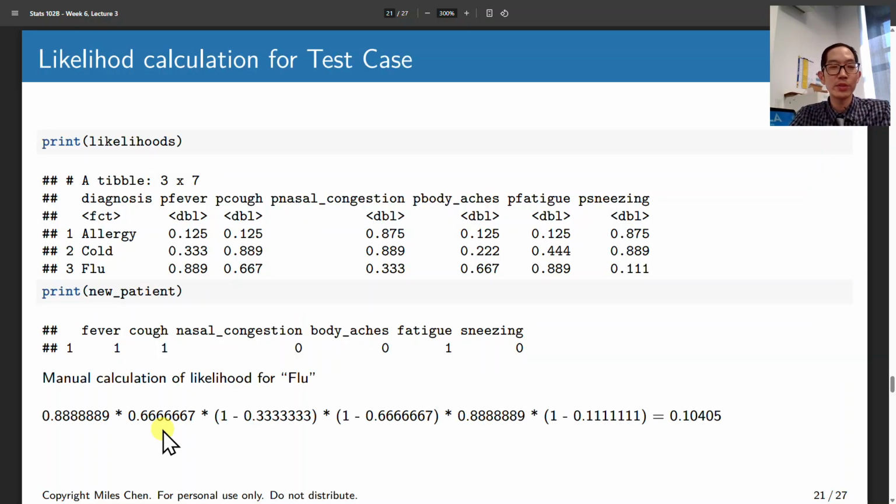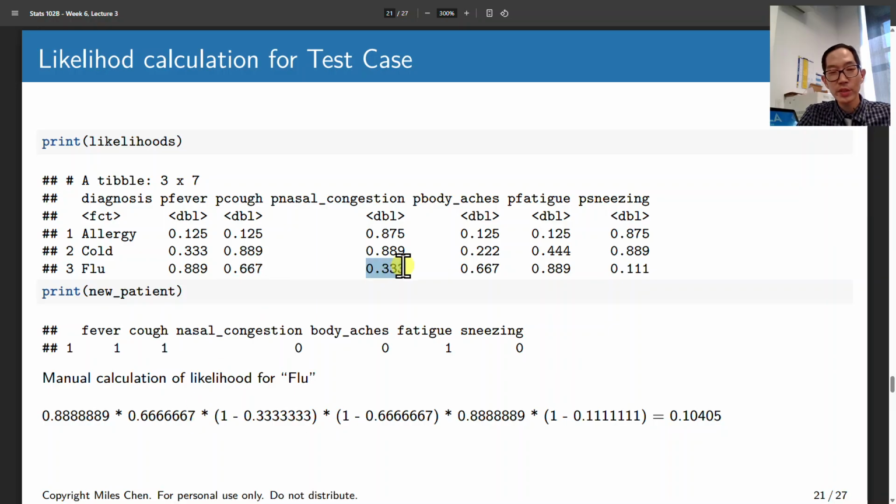So what we have to do is look at this table of likelihoods, and if we were to do this manually, for this patient, we had fever, had cough, no nasal congestion, no body aches, had fatigue, no sneezing, we would look it up. So if we wanted to do the calculations for flu, we would do fever, 0.889, times the probability for cough, 0.667.